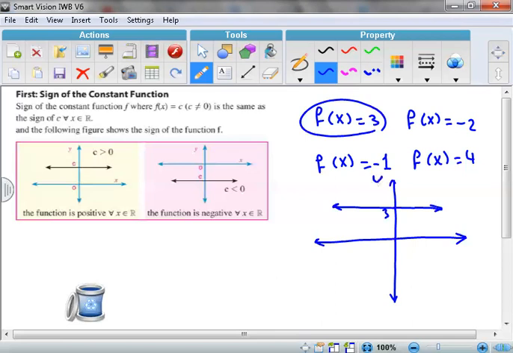Why positive? Then we say f of x is greater than 0 for all x belonging to R.